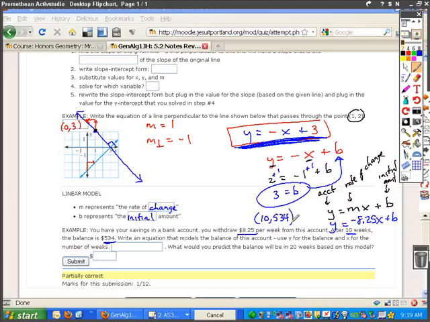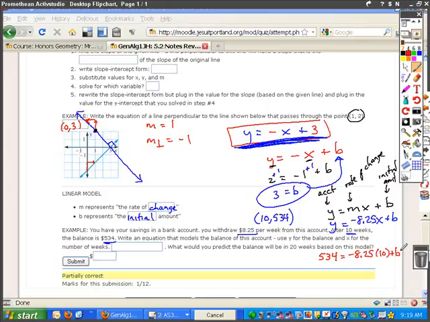So you can use this point to help solve for what your original amount is. You don't know the original amount. That's your unknown. So if you plug these in, we take 534, plug it in for our y, plug in 10 for our x, and solve for b.